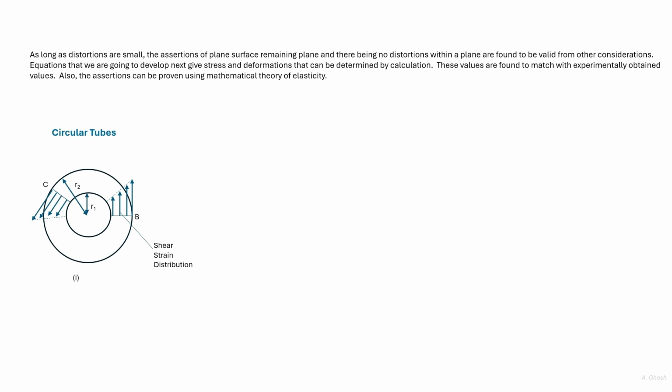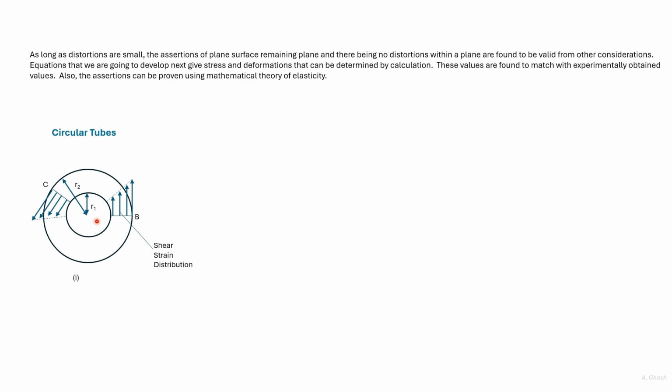Circular tubes are similar to circular bars in many respects. Circular tubes are also axisymmetric like circular bars. If the inner radius is R1, then the strain at the inner radius is given as phi into R1 divided by L, where phi is the angle of twist and L is the length of the tube.